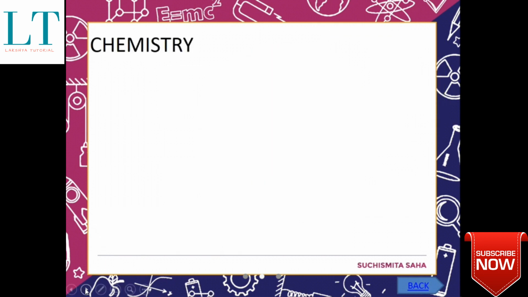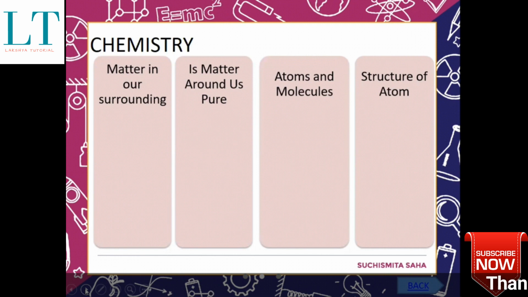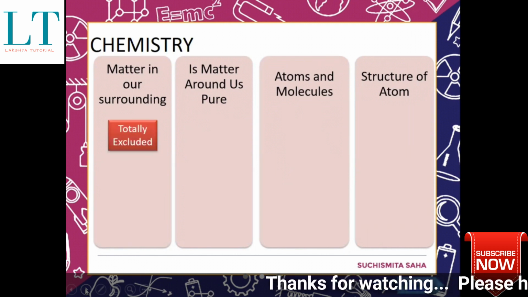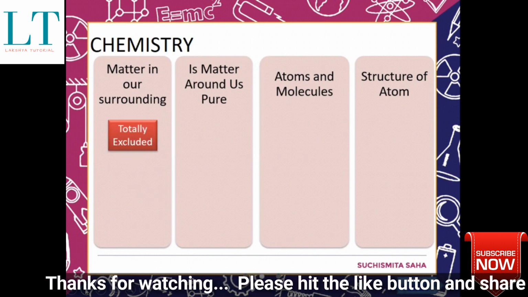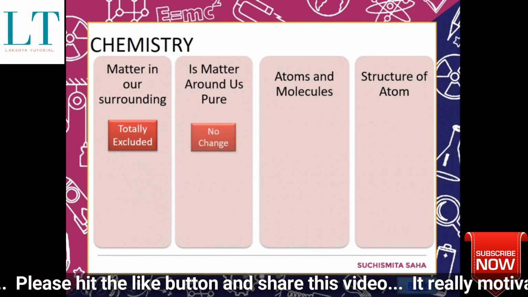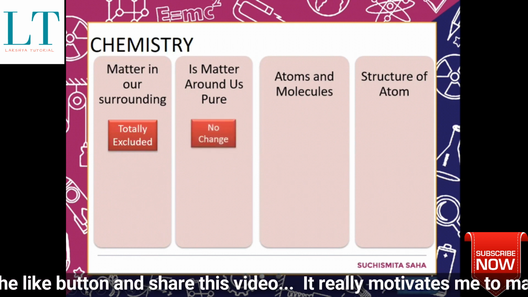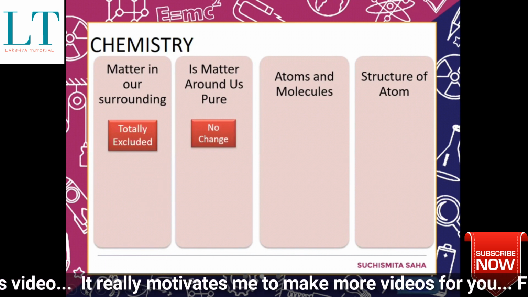In chemistry, we have these chapters: matter in our surroundings, is matter around us pure, atoms and molecules, and structure of atoms. Matter in our surroundings, the first chapter in the NCERT book and the first chapter in chemistry, is totally excluded this year. In the next chapter, is matter around us pure, there is no change mentioned by the board.